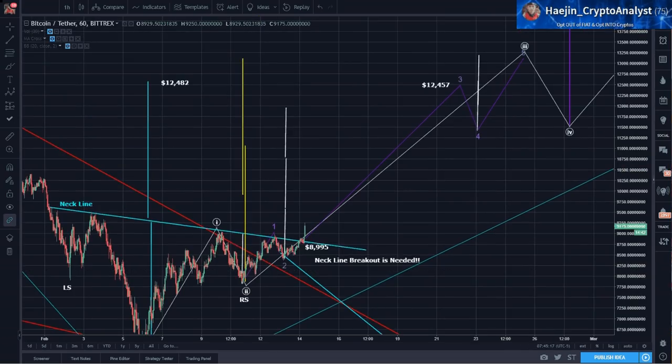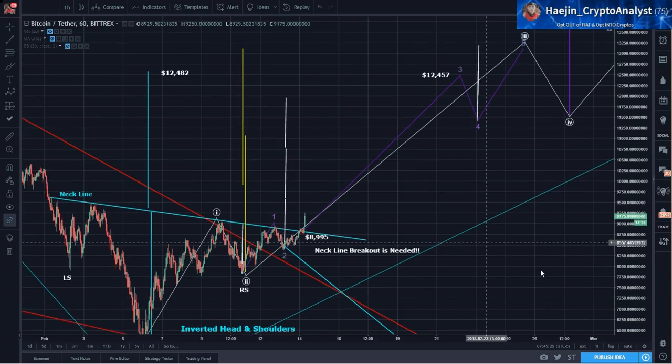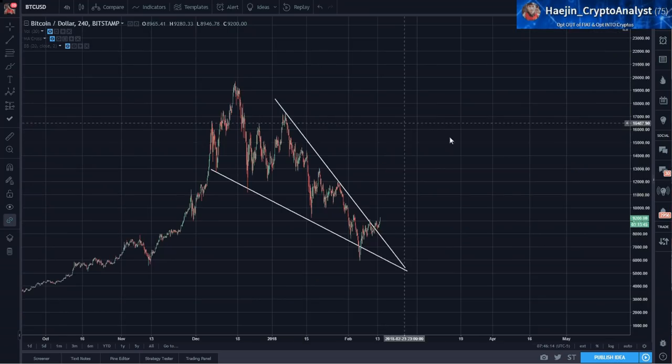Now, I have consistently also said that on a bigger picture perspective, there was still potential for this being a leading diagonal, 5-3-5-3-5.